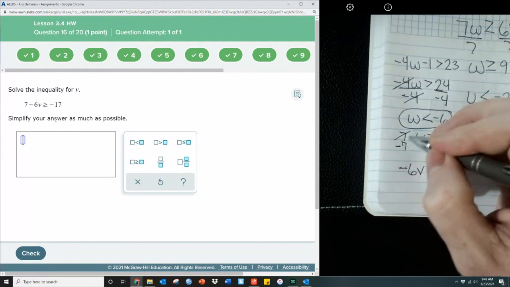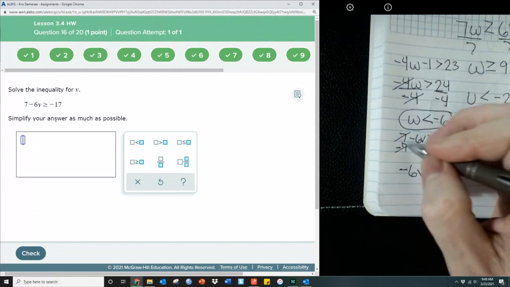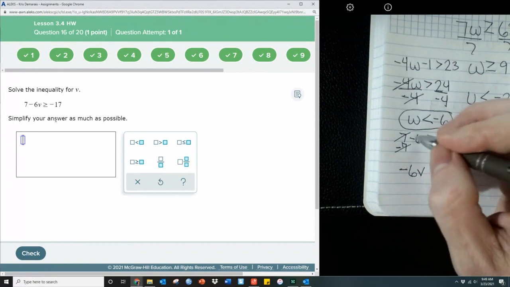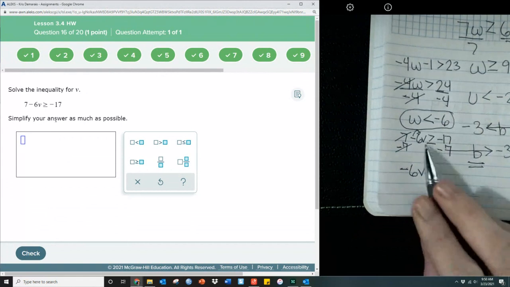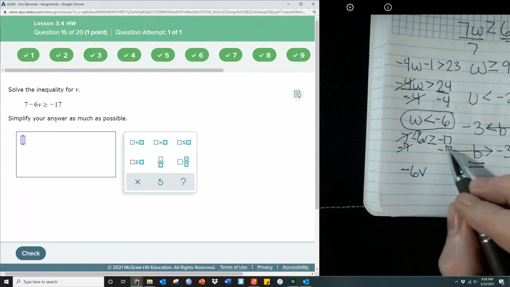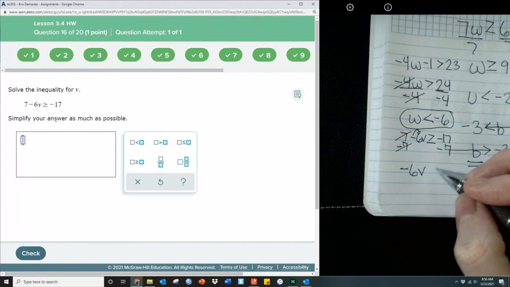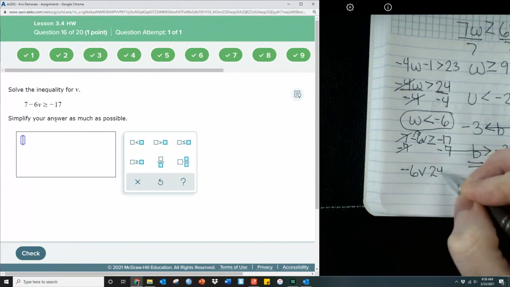I'm subtracting 7 because this is a +7. I'm not going to add 7 because there's a negative sign here. That negative sign belongs to the 6, not to the 7. So that's why I subtract 7 from both sides. Subtracting 7 from both sides, I'm going to get 24.